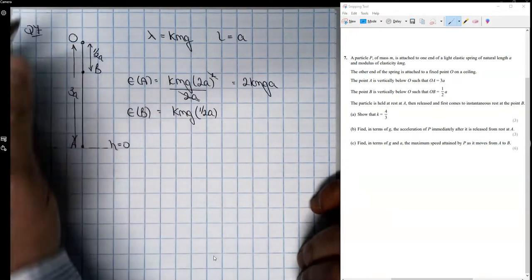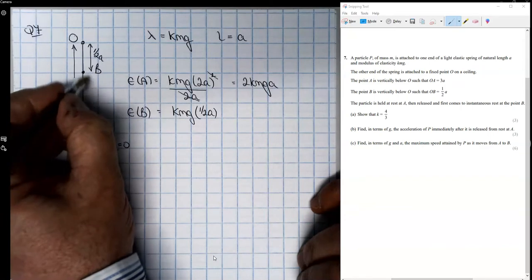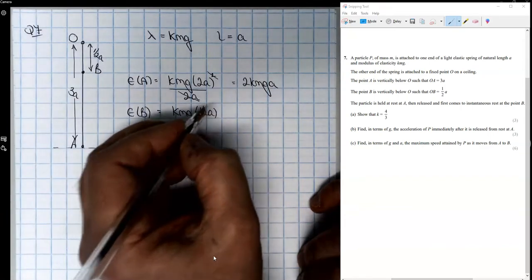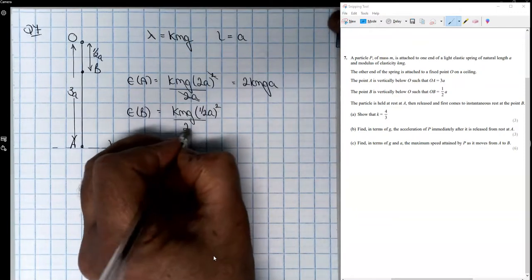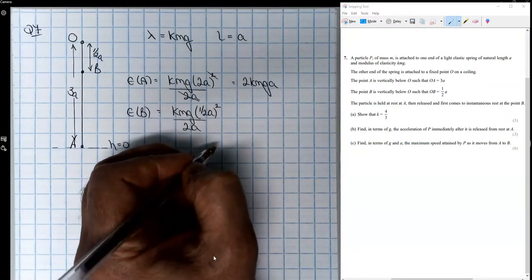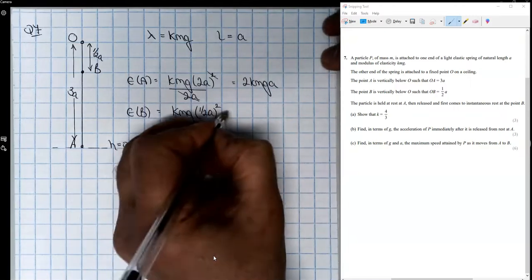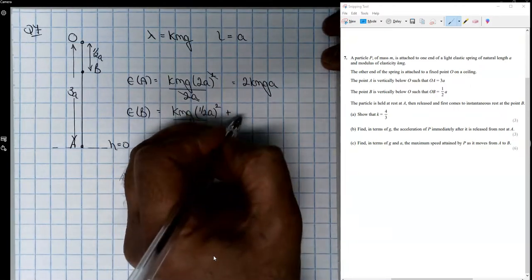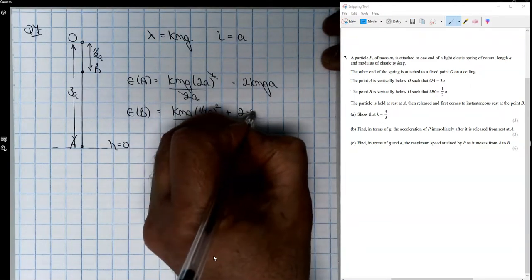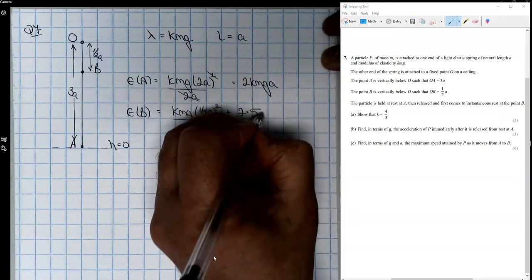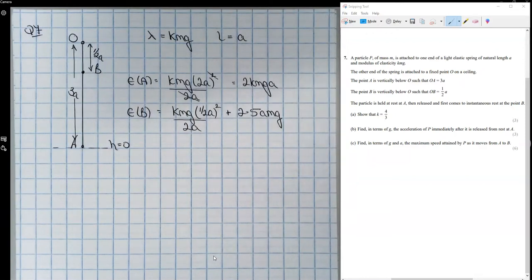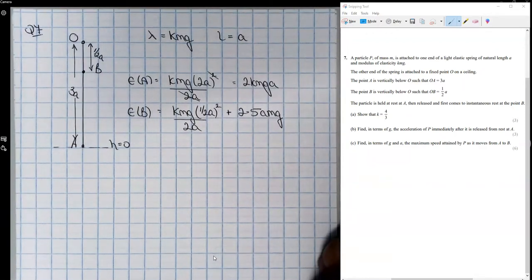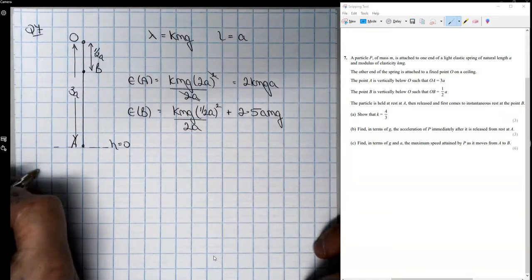It's in fact compressed because the natural length is a, so it's compressed by half a, squared over 2a, and it's got gravitational potential energy, and it's 2.5a is the height times mg. There's no loss of energy in this case, no work done against friction, so we know energy at A equals energy at B.